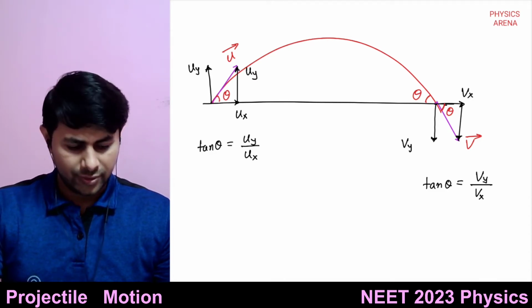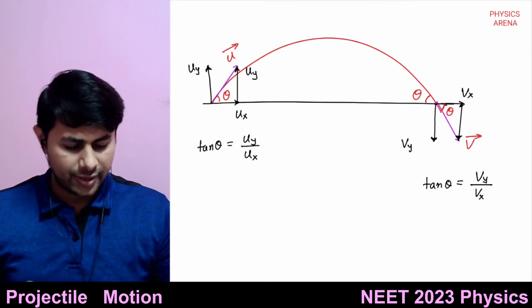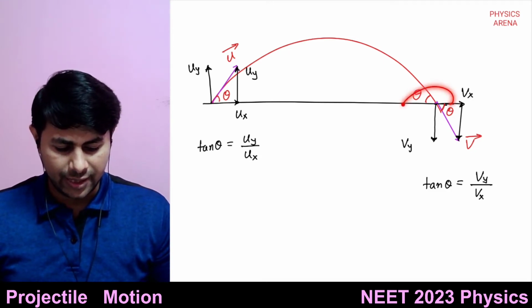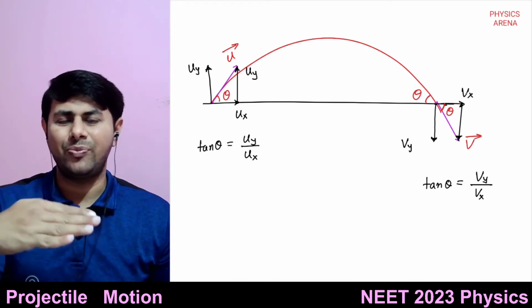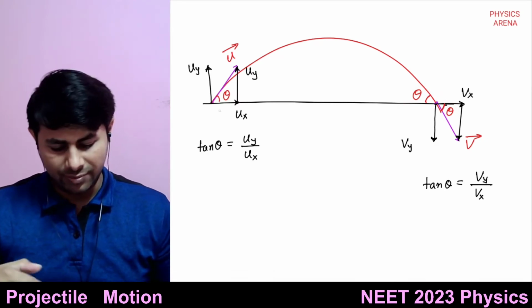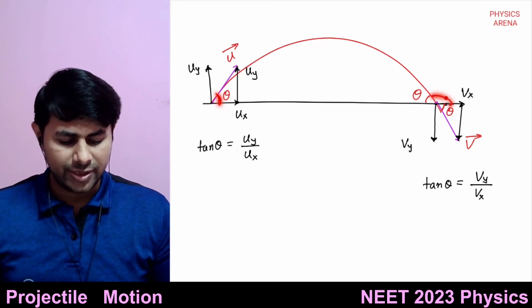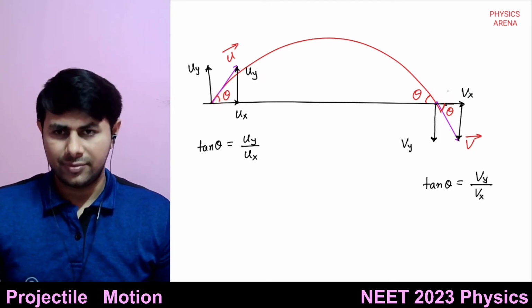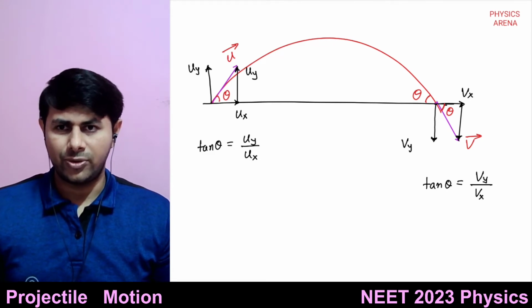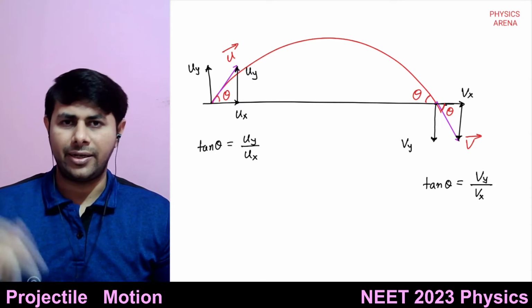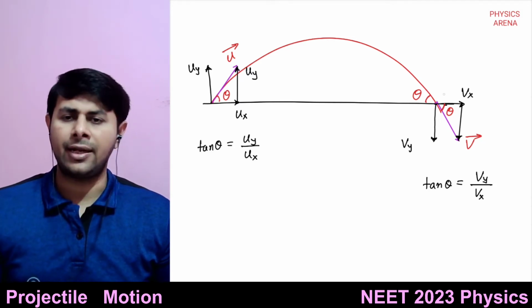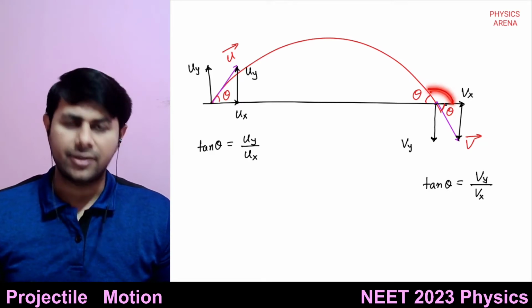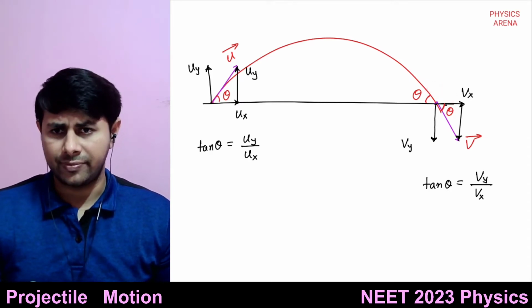Okay. So now if you measure an angle from the start, with respect to the positive x direction, if this angle is theta, how much would this angle be? A projectile which is thrown up at an angle theta with the positive x direction hits the ground at an angle 180 minus theta to the positive x direction.